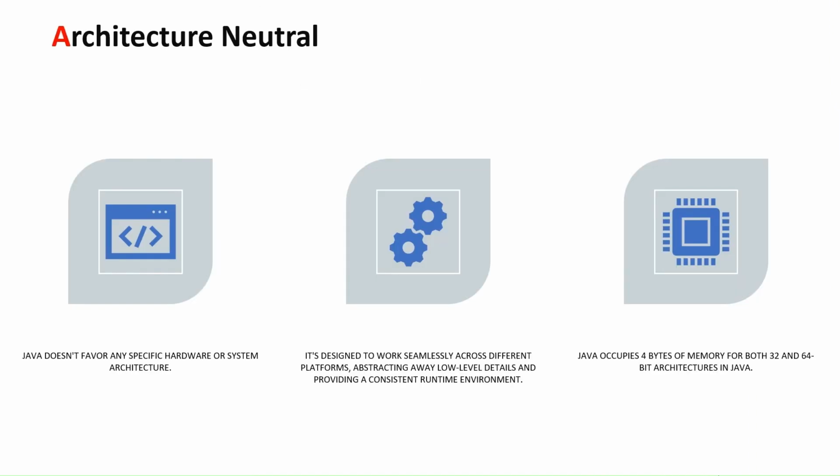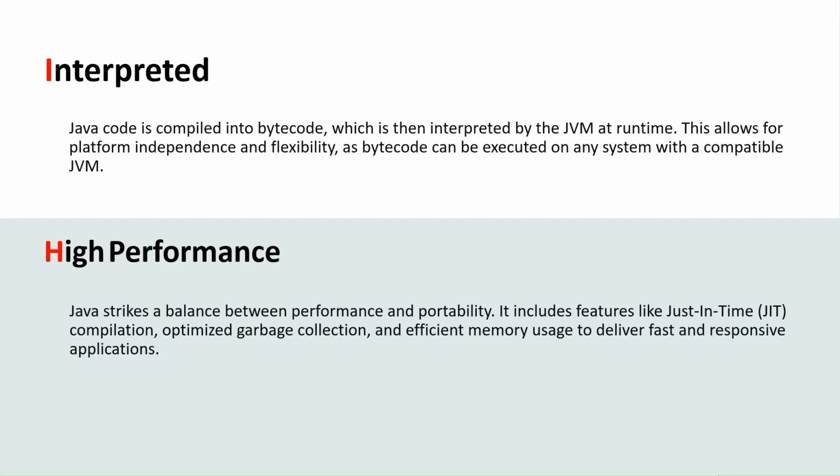Architecture neutral. Java doesn't favor any specific hardware or system architecture. It's designed to work seamlessly across different platforms, abstracting away low-level details and providing a consistent runtime environment. Java occupies 4 bytes of memory for both 32 and 64-bit architectures. Interpreted. Java code is compiled into bytecode, which is then interpreted by the JVM at runtime.